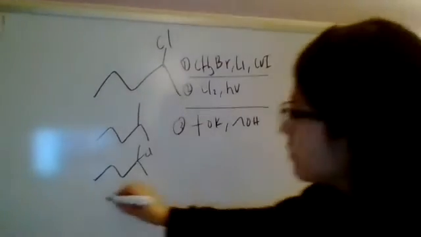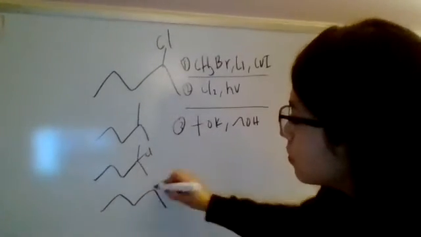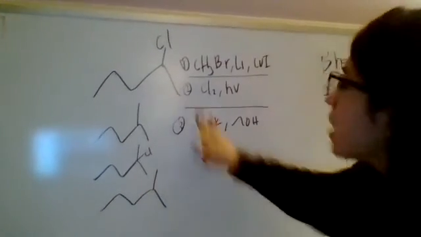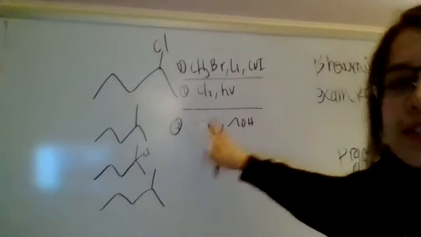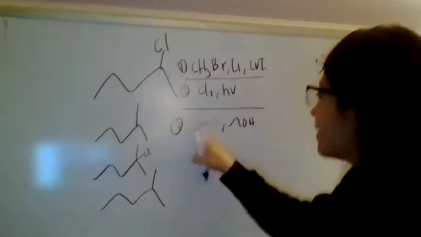Wait, slow down. Wait. Oh my gosh. Yes. Agreed. Step 2 gives you that. Step 3 gives you... Oh no, it's not. See, I did it again. It's not butoxide. It is this. Wait, I wrote down butoxide though.